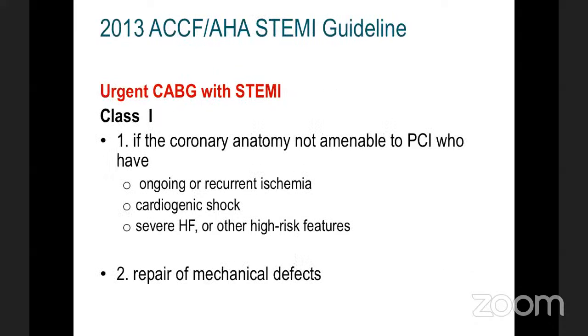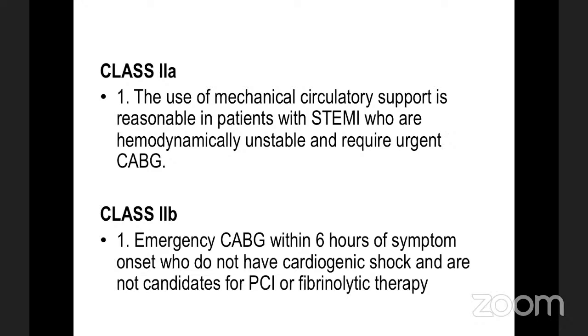In the 2013 AHA guidelines, urgent CABG is class 1 if the coronary anatomy is not amenable to PCI, if the patient has ongoing or recurrent ischemia, cardiogenic shock, or manifestations of severe heart failure, or complications of MI like papillary muscle rupture or free wall rupture or ischemic MR. In class 2A, the use of mechanical circulatory support is indicated in STEMI patients for hemodynamic stability.